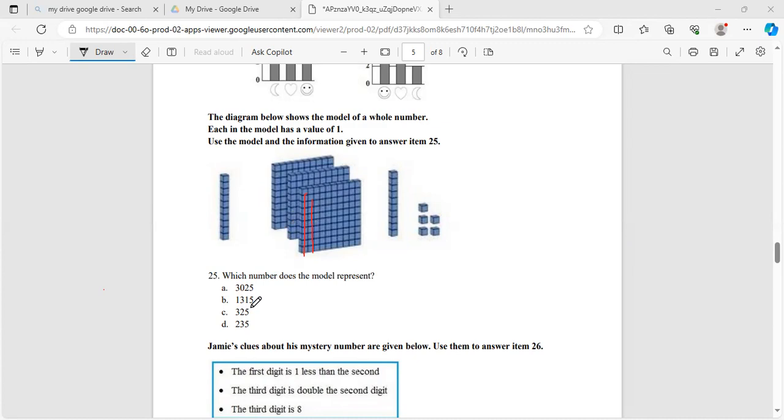Sir, I got C, sir. What's the reason behind B? The reason why the answer is C, all those big blocks represent 100, sir. Yeah, Jeremiah.